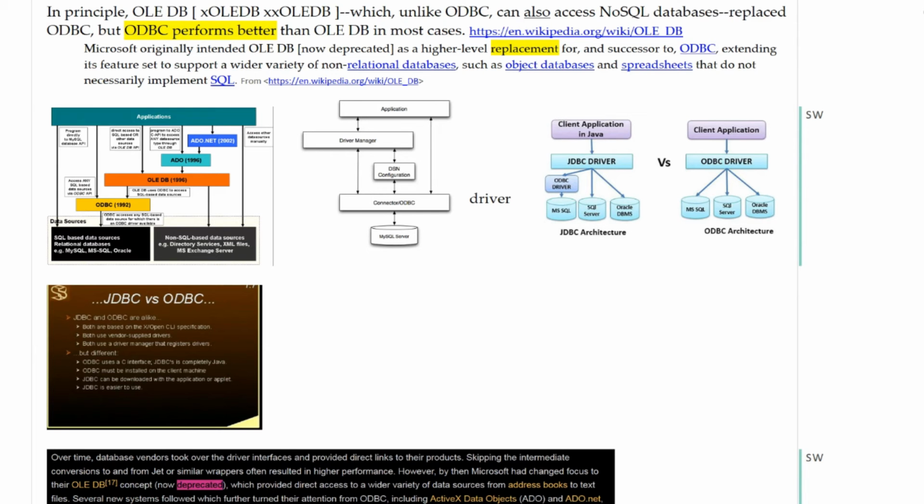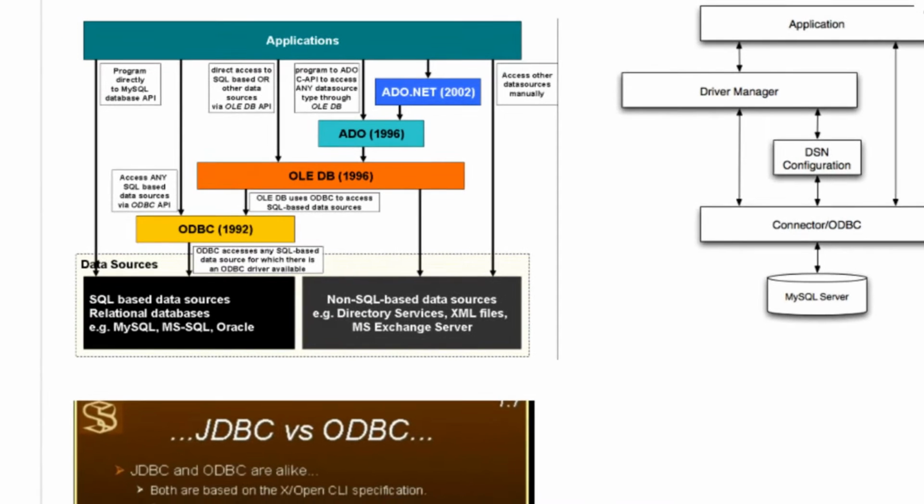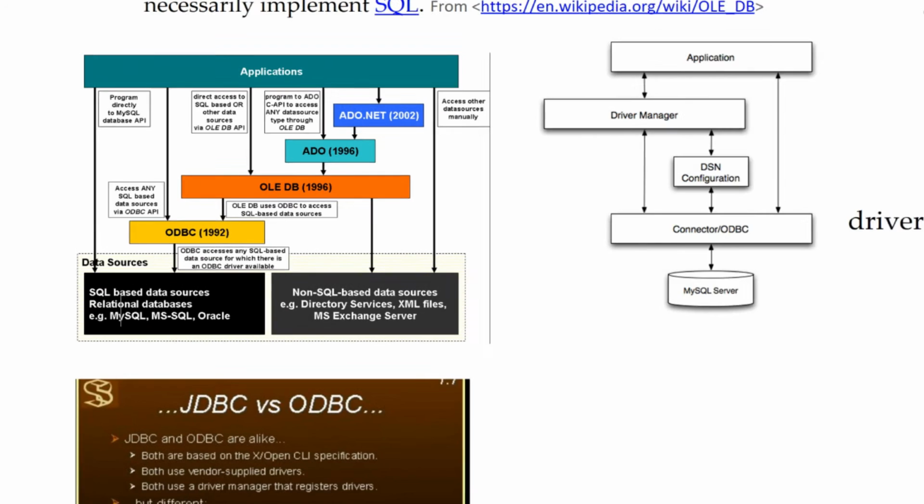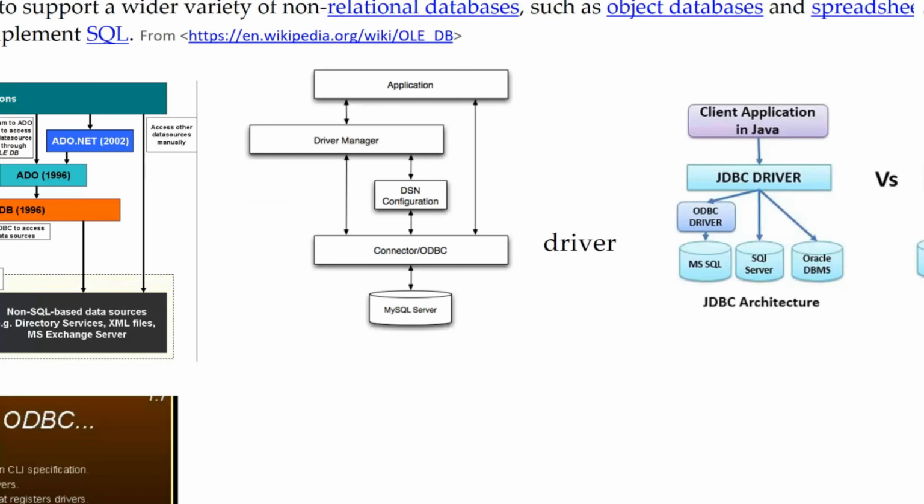Now, the reason that's important and interesting is because of this chart here, where you can see ODBC, which is actually quite old, will connect into the data source, but in order to do that, the application, which in our case is going to be some SPSS product, needs to connect into your database, say MySQL Server, and in order to do that, it needs a driver manager. And the driver manager is provided by DataDirect, so by Progress.com.